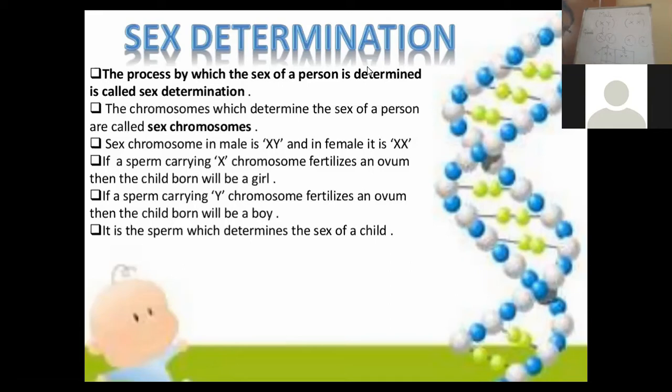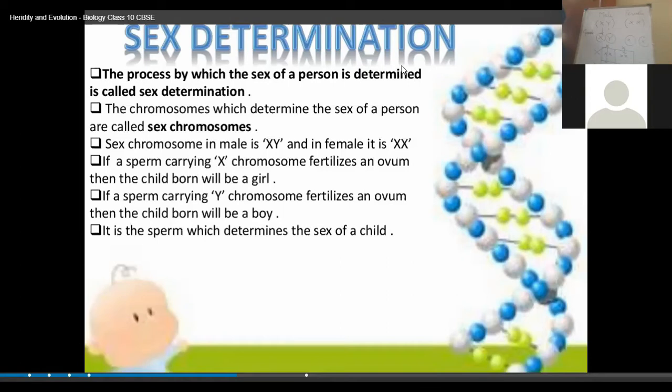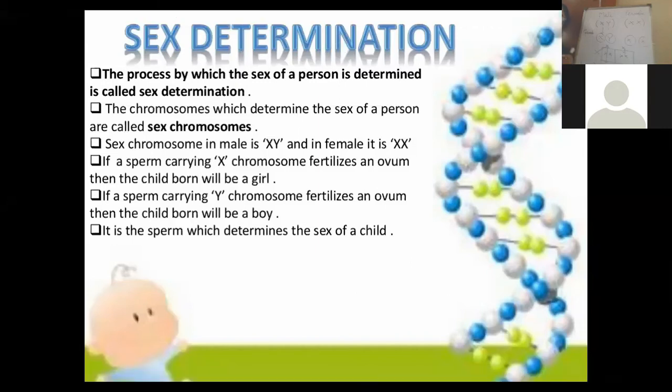So there is a 50-50 chance that the zygote will be a male or a female. This is the way the sex of the progeny is determined in humans.